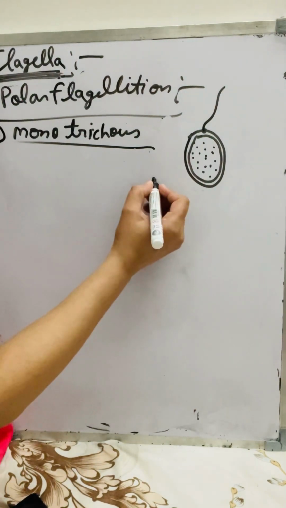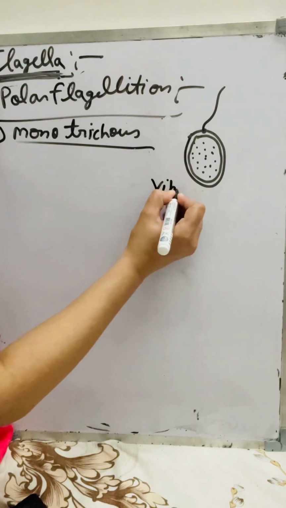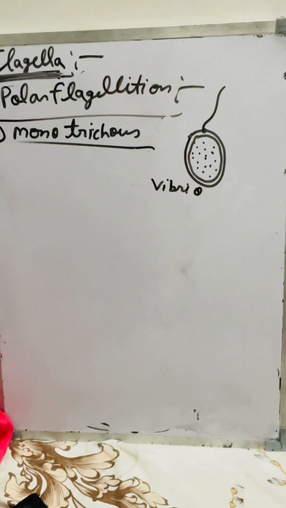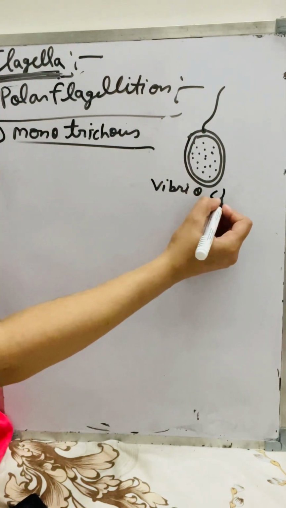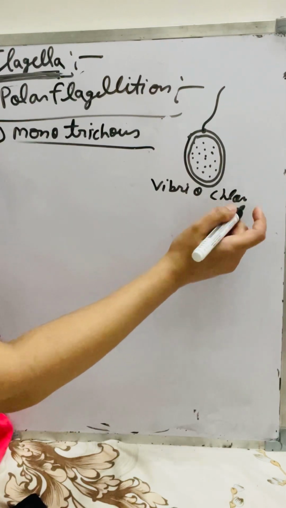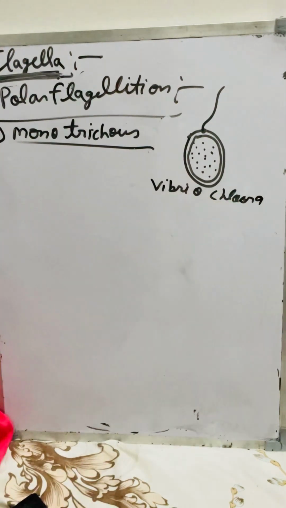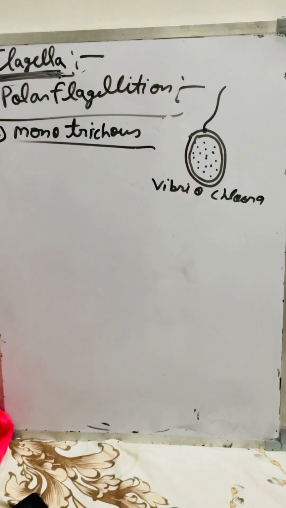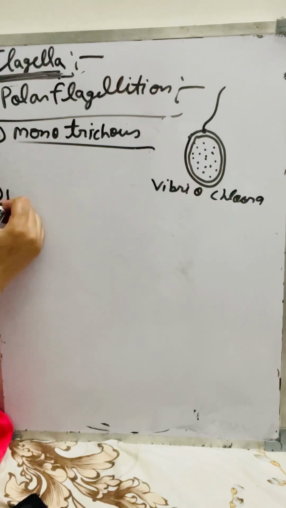For example, Vibrio cholerae, which causes cholera disease. And the second is number 2, amphitrichous.